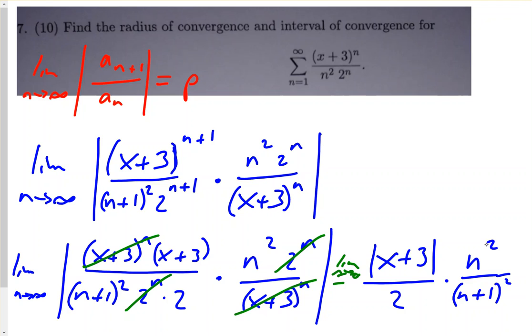If you apply the limit, the bottom is n squared plus 2n plus 1, and if you divide everything by n squared, you see that this goes to 1. So all we're left with is really this piece here.